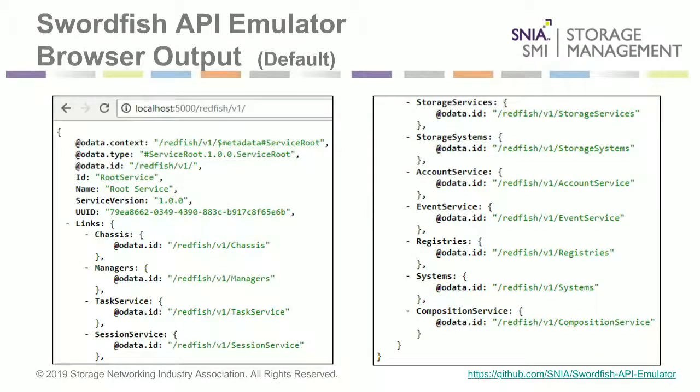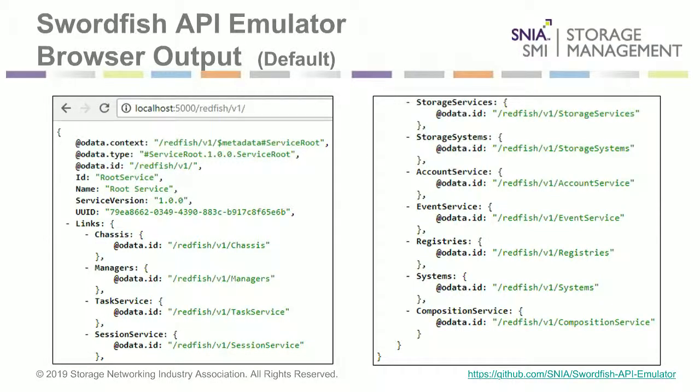Once you have the emulator running in the default configuration, you can use an ordinary browser to access it, to see that it's alive and doing the right things. What I'm showing here is a screen taken apart into two pieces. On the left, I've used a regular Chrome browser to access the running emulator on port 5000.